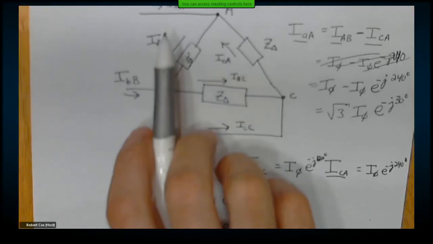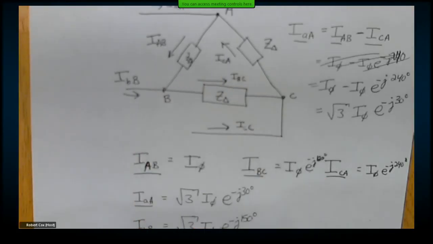The line currents in this delta connection end up being back 30 degrees and root 3 bigger. We'll use that in a problem now.